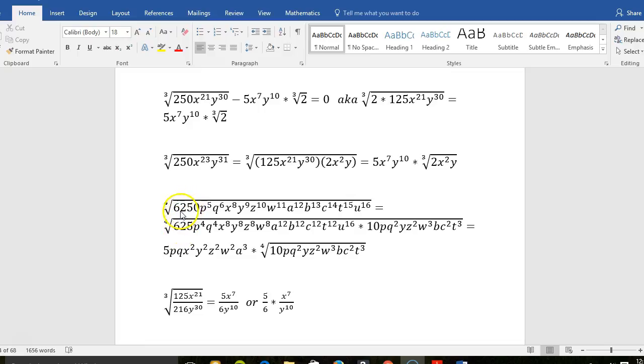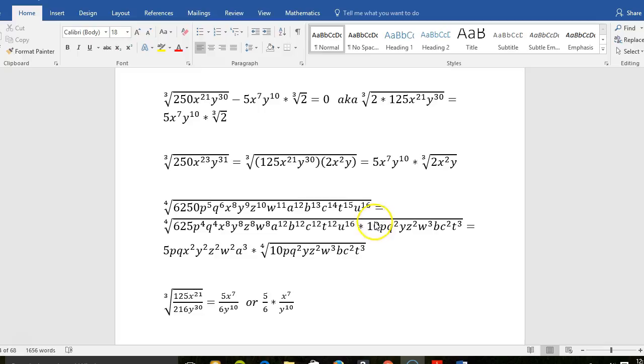Now, 6250 is not a perfect fourth power. It's not the fourth power of any clean integer, I should say. But I can break it up into 625 times 10. Now, 10 is not a perfect fourth power.